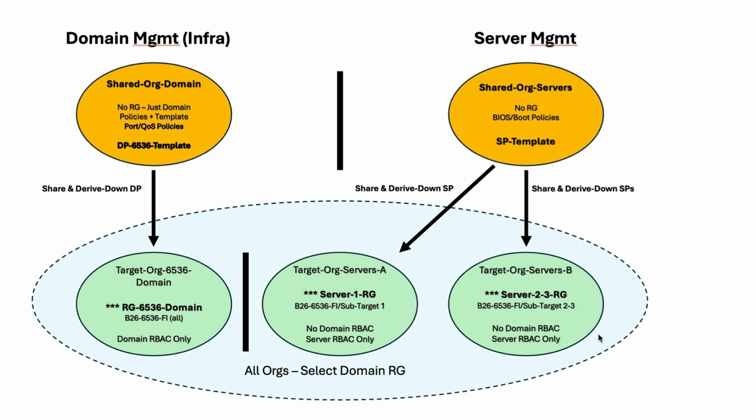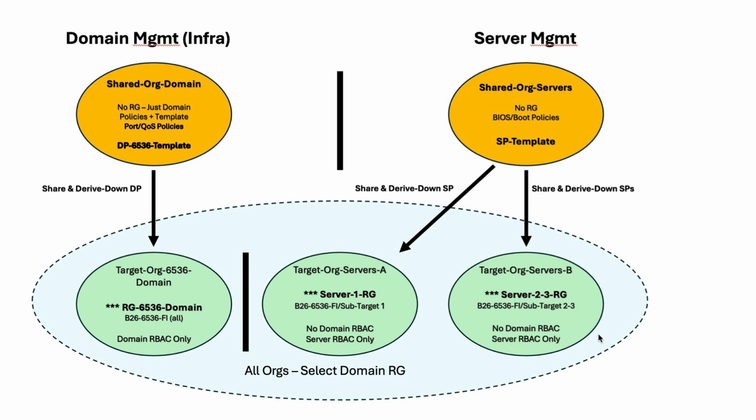Now, as those server administrators log in with their respective logins, you'll only see server 1 in the case of this role, this user, and the adjacent user will see only servers 2 and 3. So you do have good segmentation between the two.